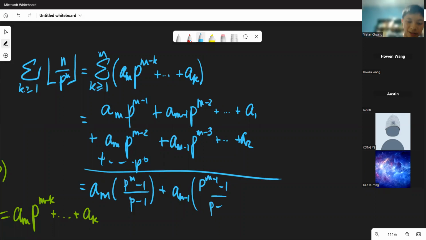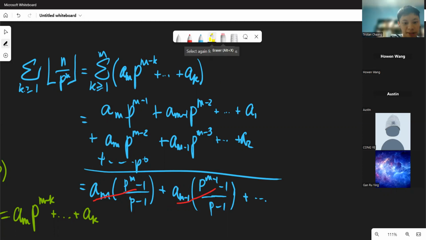Now, if you look at the numerator, what is this? This plus this, plus blah, blah, blah. This constitutes n, right?